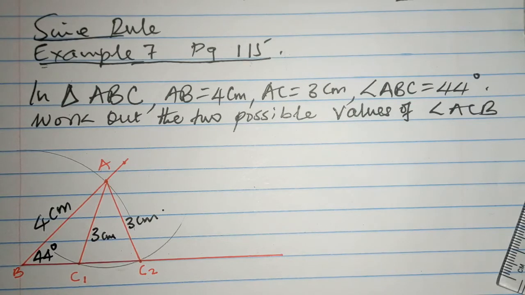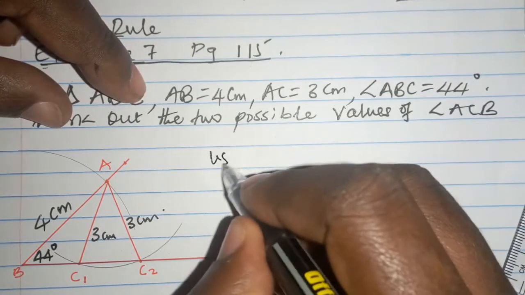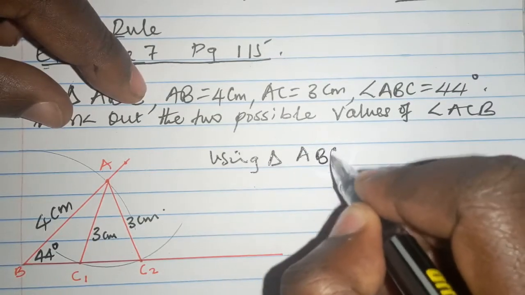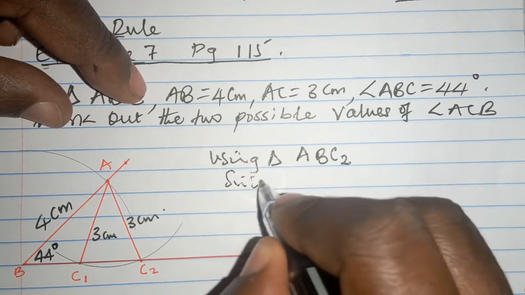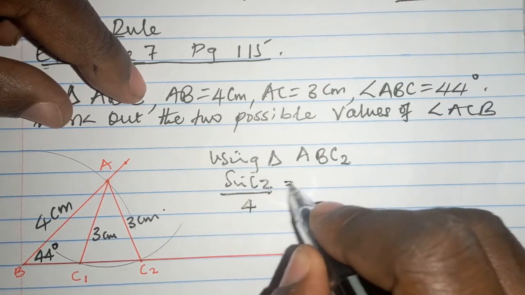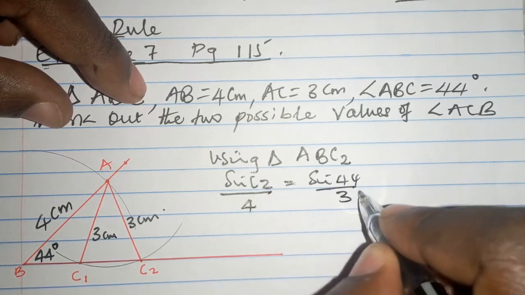Having said that, we can easily talk about using triangle ABC2. Sine C2 over 4 is equal to sine 44 over 3.